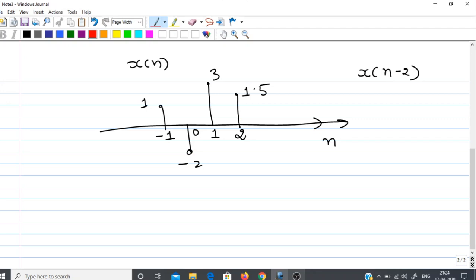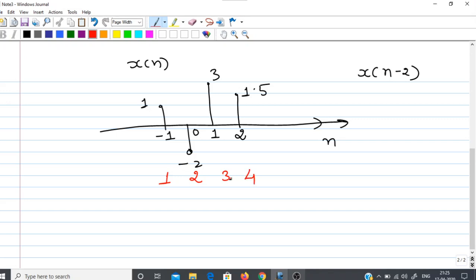So here, what I shall do is add 2 to all these time indices. So this minus 1 will reach at 1. This 0 will reach at 2. This 1 will reach at 3. And this 2 will reach at 4.